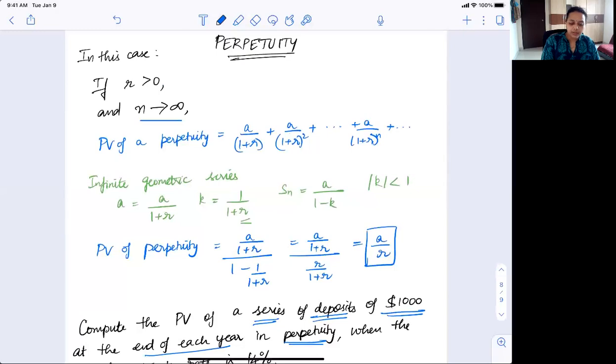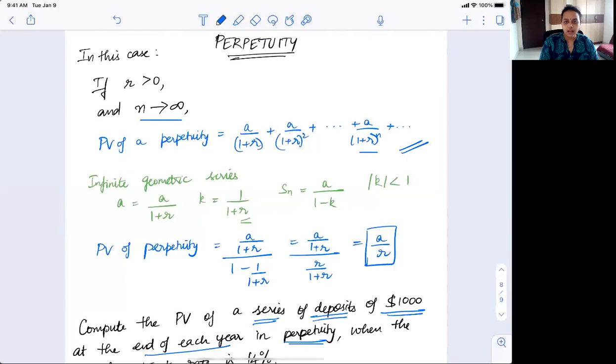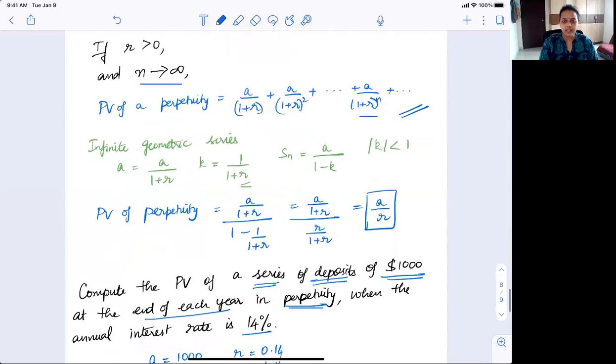Well, you start off with the same expression that we did to calculate the present value of an annuity, except that now the series doesn't stop at the nth term, but goes on forever. And this is an infinite geometric series where the first term is 1 by 1 plus r, and the ratio k is given by 1 by 1 plus r.